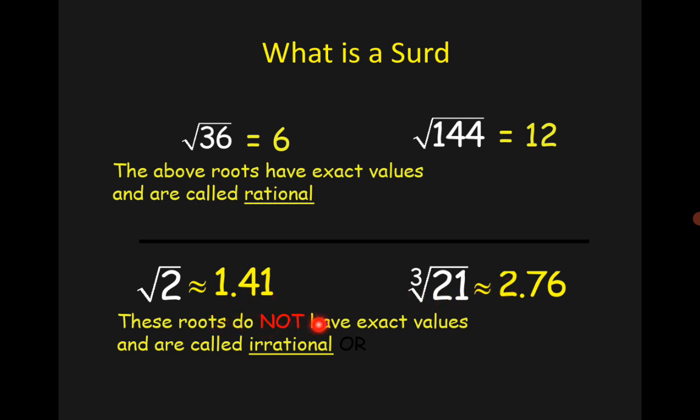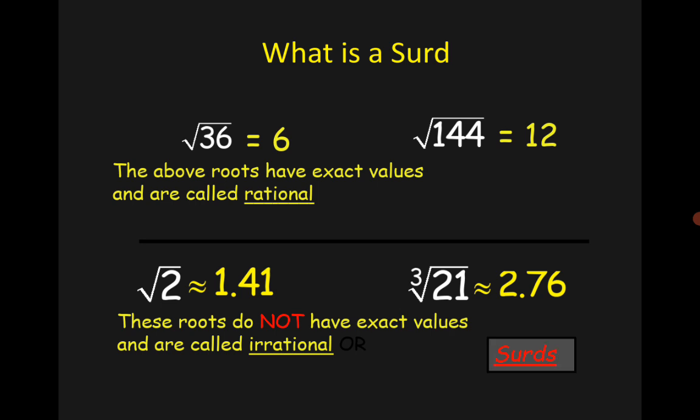So these roots do not have exact values, and they are called irrational numbers. You can think of other irrational numbers. For example, the square root of 3, the square root of 5, the square root of 7, square root of 11, square root of 10, square root of 12, and other numbers which don't give you exact values. Those are called irrational numbers.